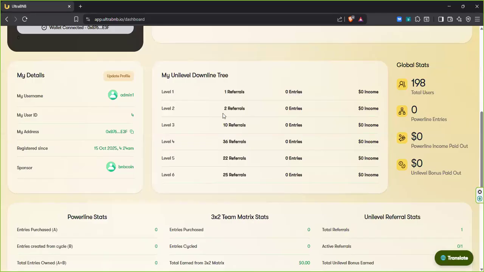On level 2, if these two indirect referrals purchase 4 entries in total, each of them purchasing 2, it will be recorded here as 4 entries. And on level 3, if these 10 referrals each purchase 1 entry, it will be recorded here as 10 entries. But we understand that on each level there is a reward that we benefit from, right?